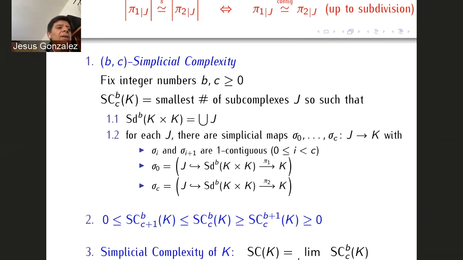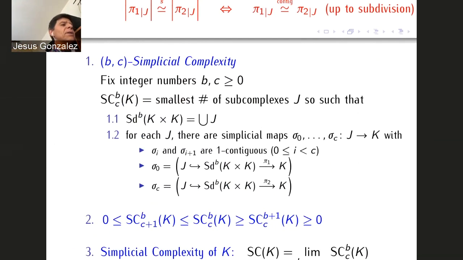So I'm going to give a limit on how many times I need to subdivide. And this is better a small one because this quickly goes out of control. C is going to stand for the length of contiguity chains that I'm willing to look for.